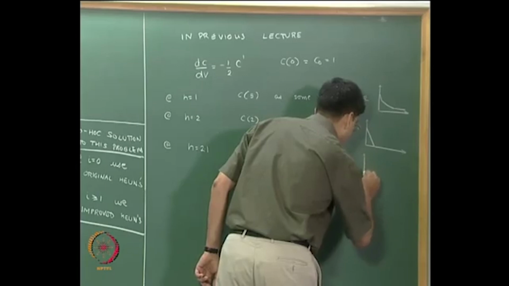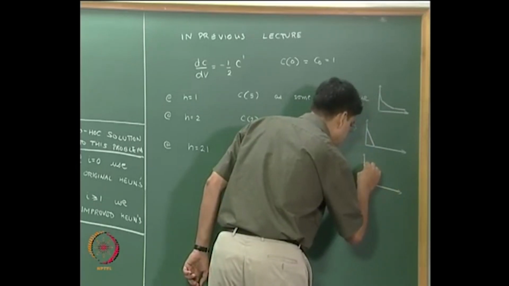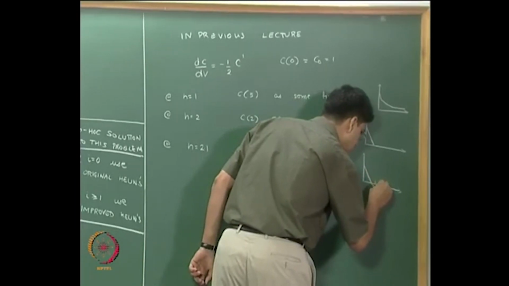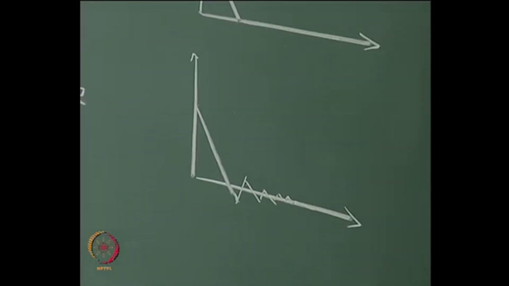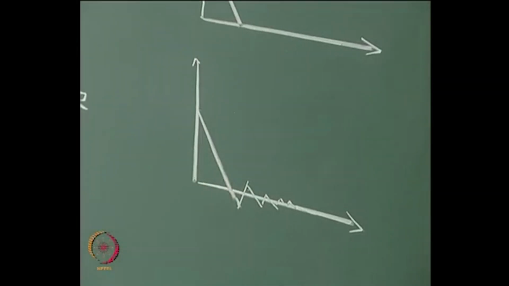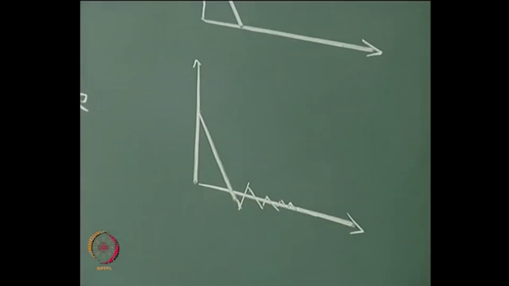Specifically when we plot concentration versus volume, we observed that the concentration drops and then finally reaches 0. These oscillations for h equal to 2.1 were relatively small, they got damped, and very quickly the final solution stabilized.